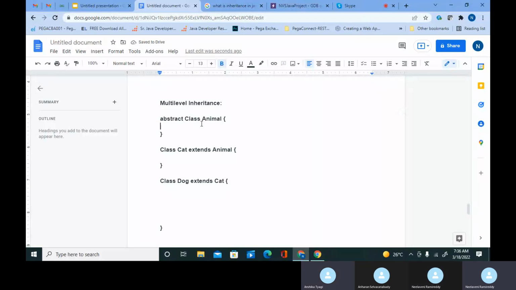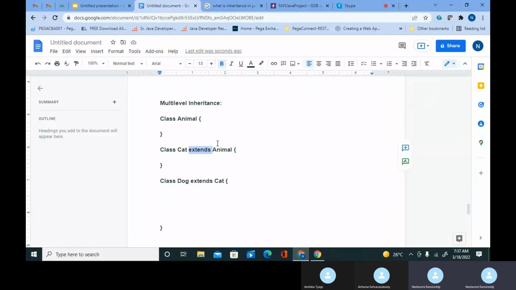You can create the abstract class, and that abstract class can be extended by another class, maybe a cat or whatever it is. And one more thing, this animal class may be an interface also. If it is an interface, then instead of extends, you are going to use the implements keyword.